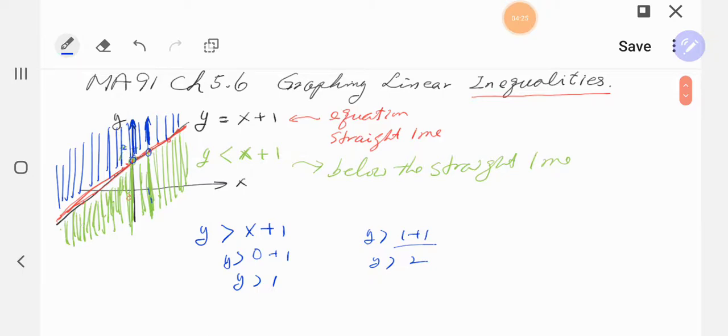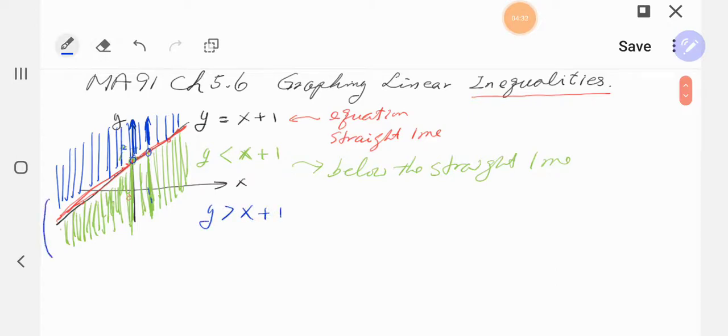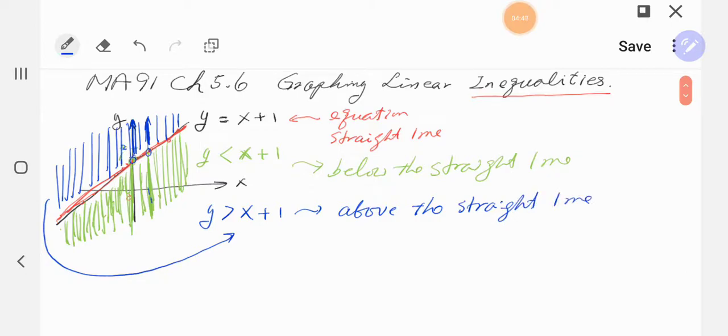So let me erase this one. Y is greater than means the graph is above the straight line. Make sense?